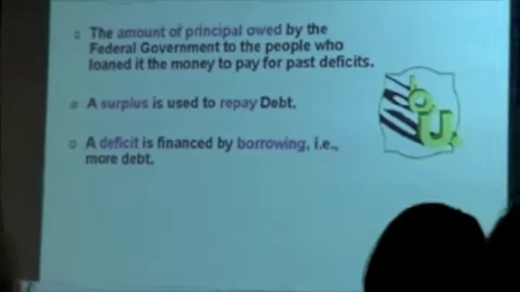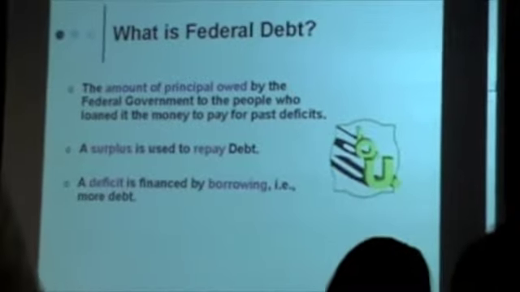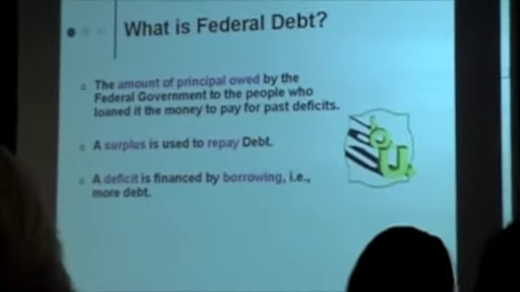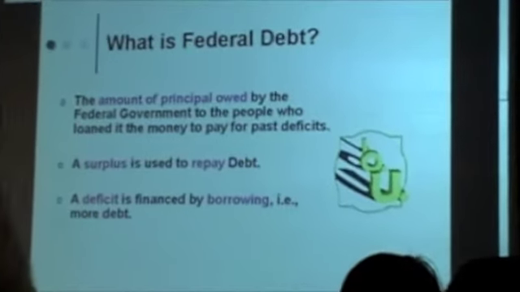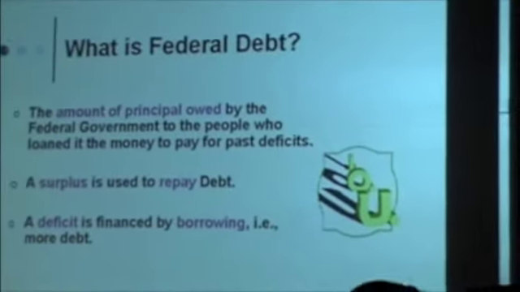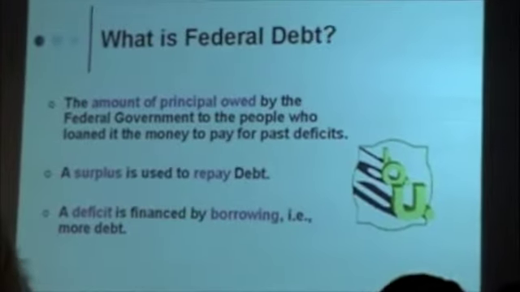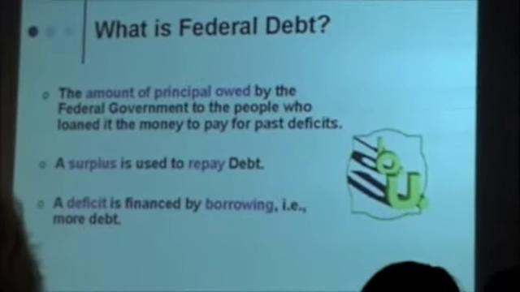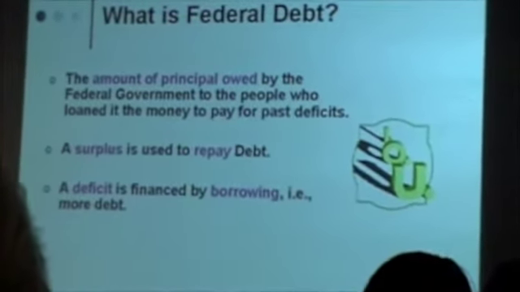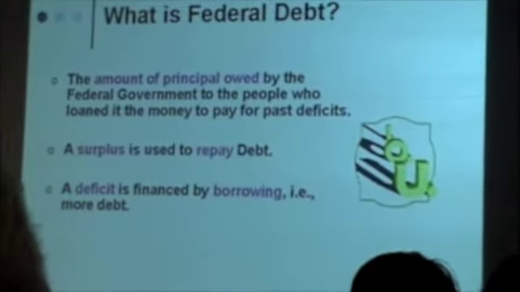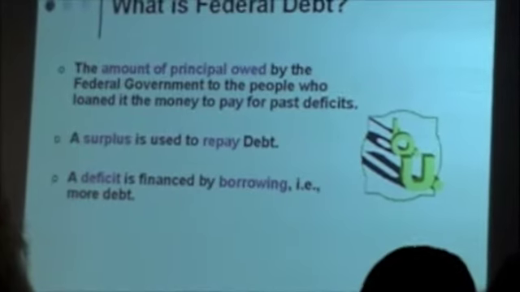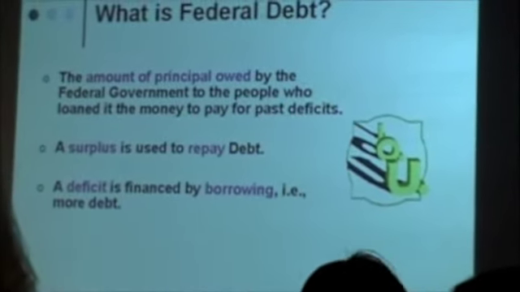What is debt? The principal amount owed by the federal government to people who have loaned it money to pay for past deficits. A surplus is used to repay debt. A deficit is financed by new borrowing, i.e. more debt.